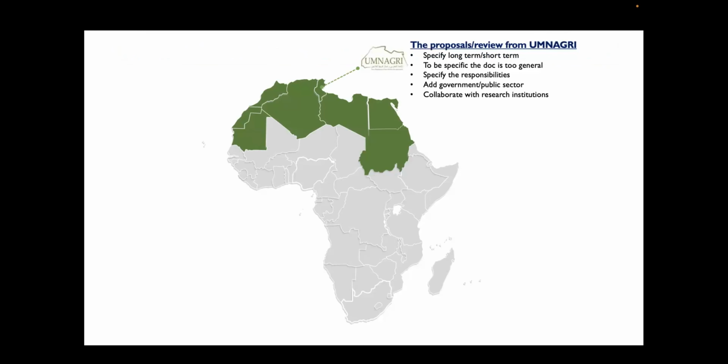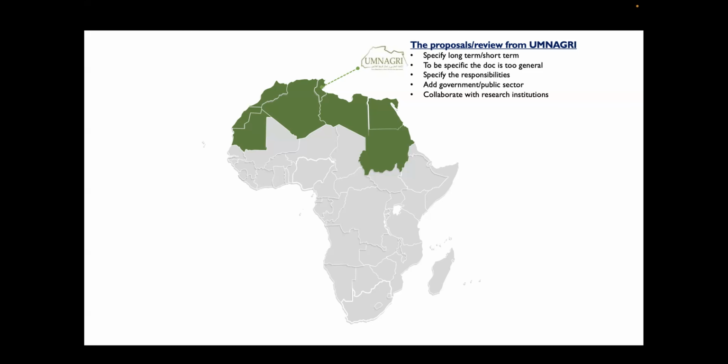Starting with Umnagri, this is their proposal. Of course, I captured some, so sorry if there are some mistakes. These are some of their proposals: that the document is too general, and we should be more specific in terms of activities, responsibilities, etc. The second recommendation was to specify whether it's long-term or short-term.